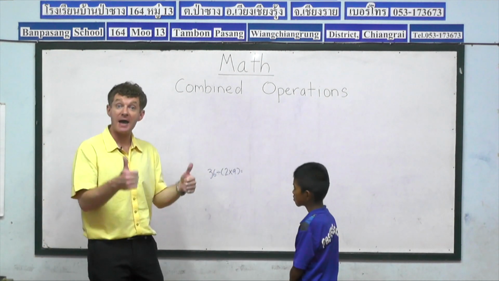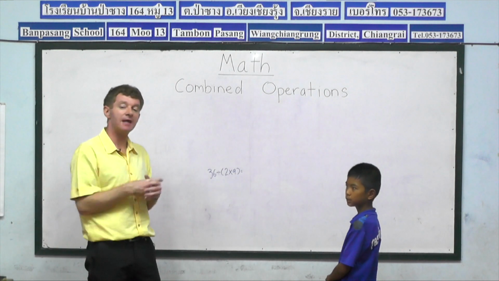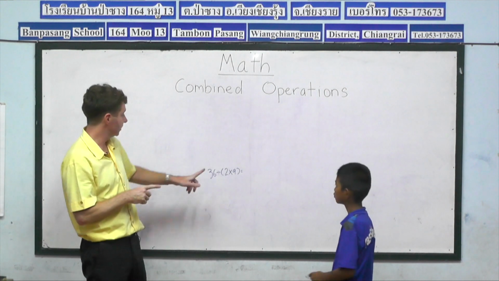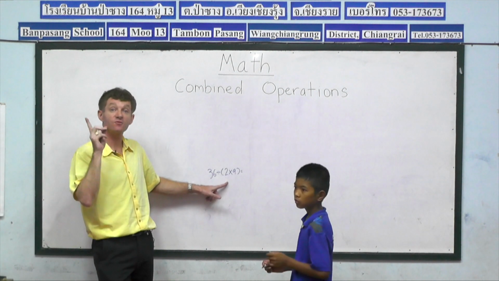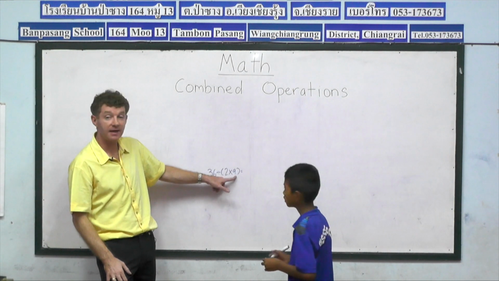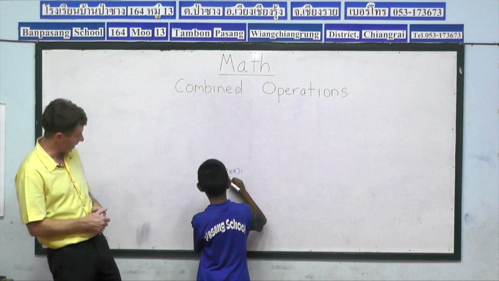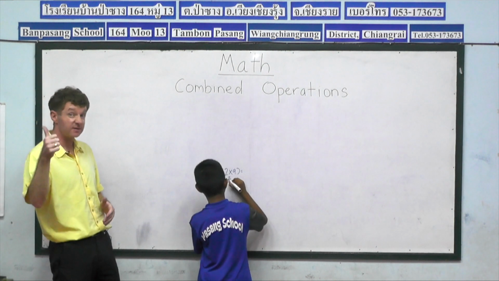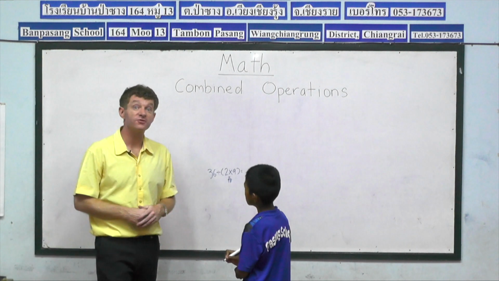Brilliant. So Pat has written his combined operation on the board. Now let's answer Pat's calculation. So where do we start? Start in the brackets all the time. 2 times 9. Is that correct, Pat? Okay. Pat's happy, so he's writing it. So now, on to step 2.